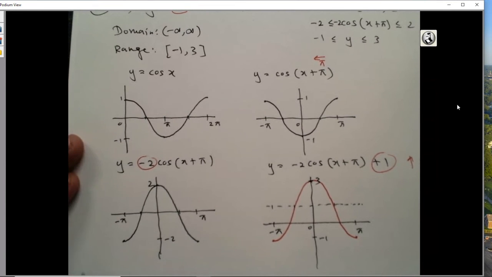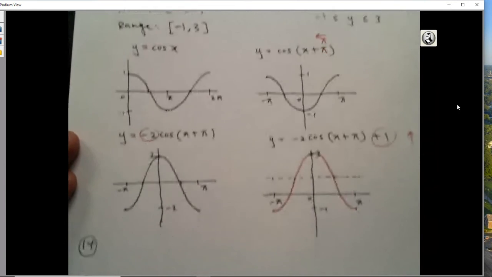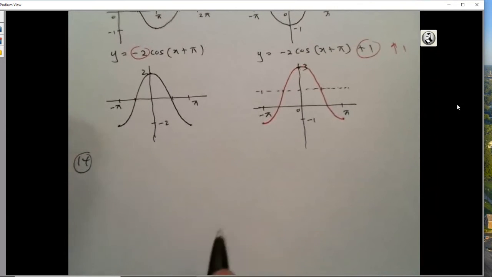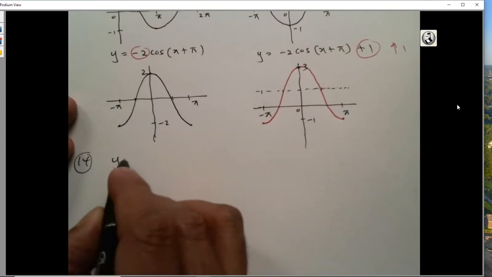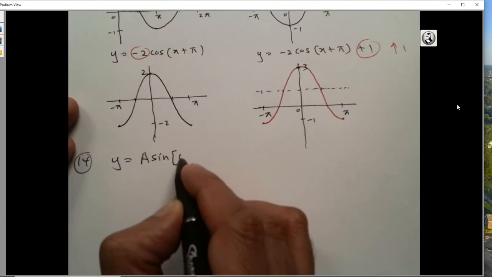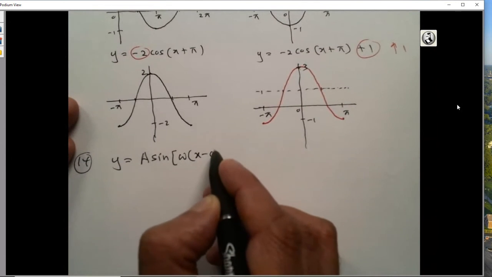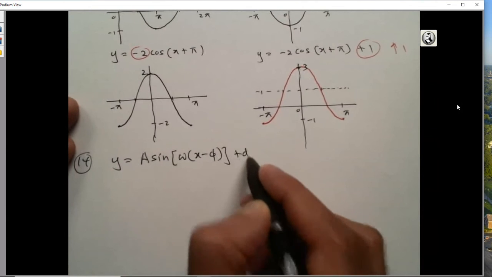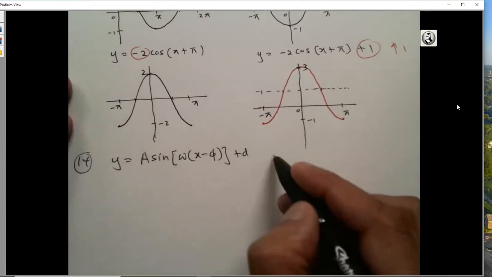Number 14. 14 is about standard sine cosine. So a sine(omega x minus phi) plus d. This is a standard sine function.